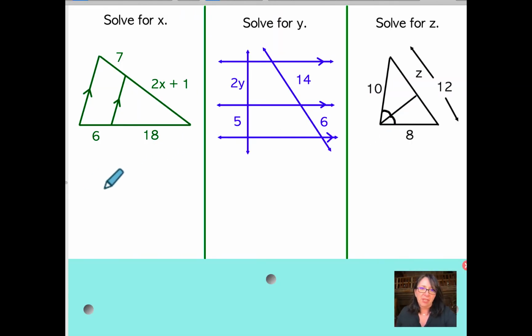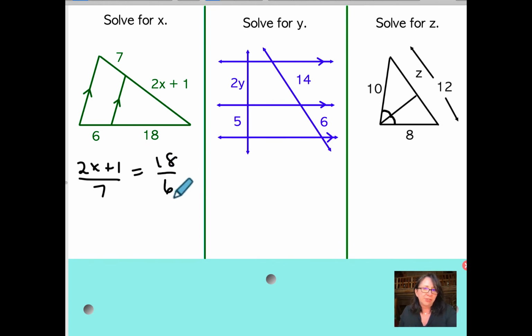For these problems here, they're asking you to find various values. For this one here, you could set up a proportion, and you can say 2x plus 1 over 7 is equal to 18 over 6. Actually, even before I cross multiplied, I would reduce this right side.